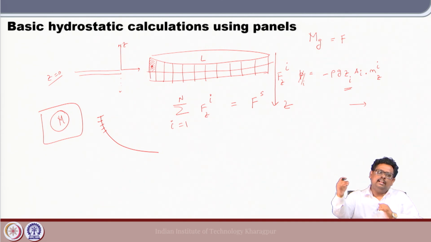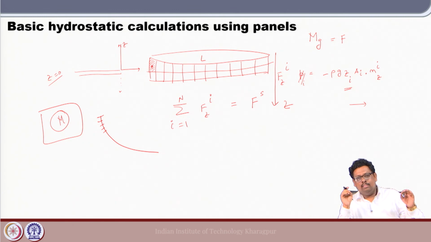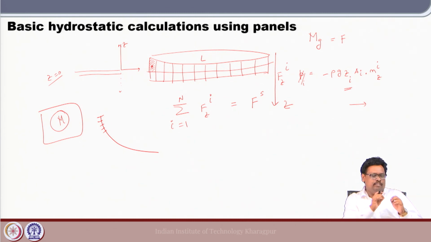Let us say about 100 seconds: you have to calculate the dynamic force for all these 4,000 panels from t equal to 0 to t equal to 99. It is so time consuming that you really can't afford it.